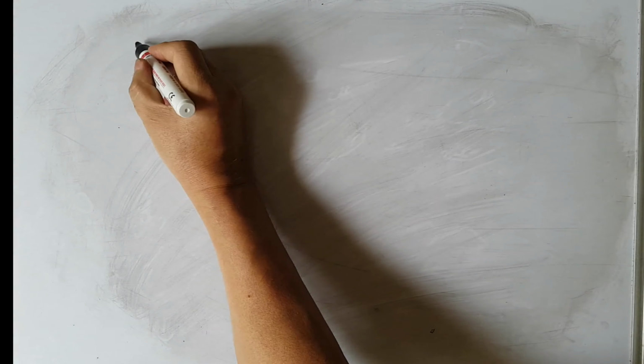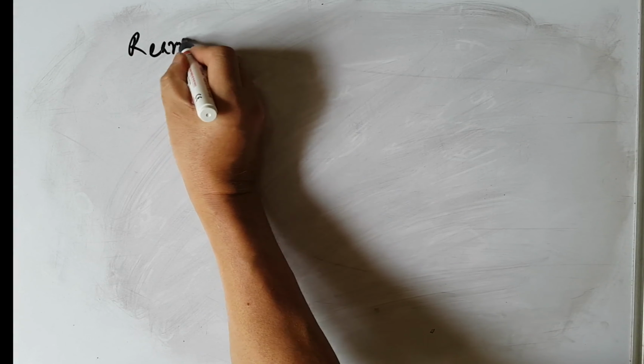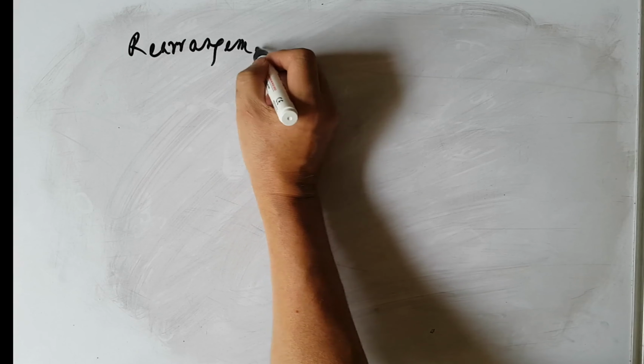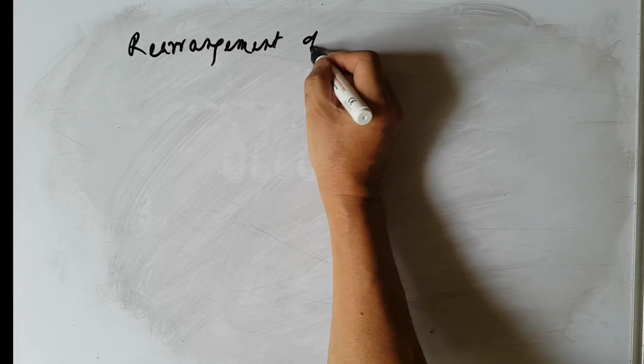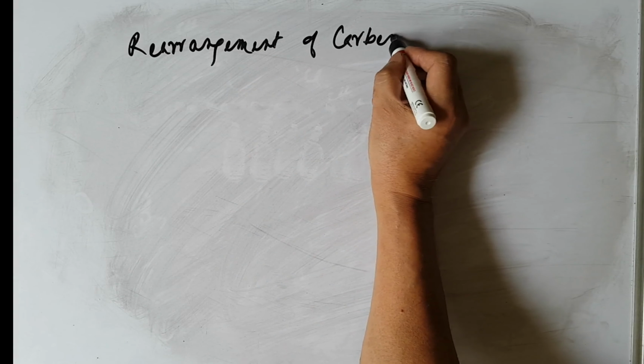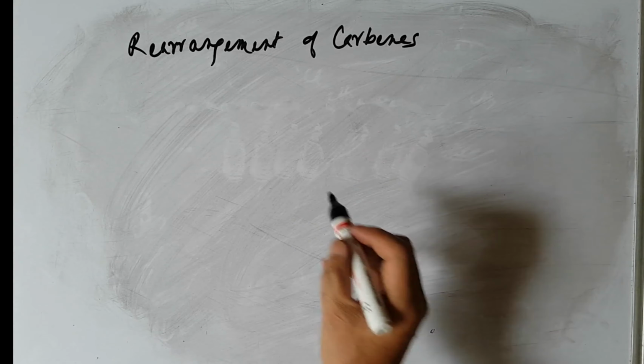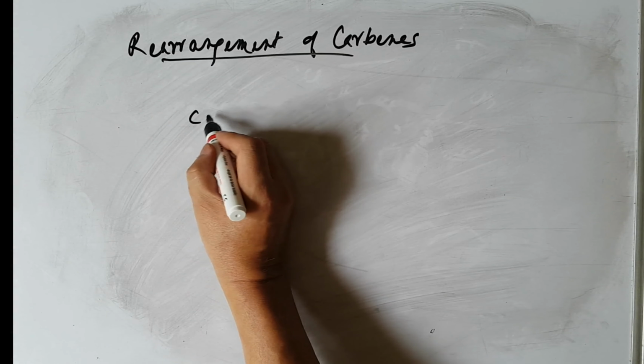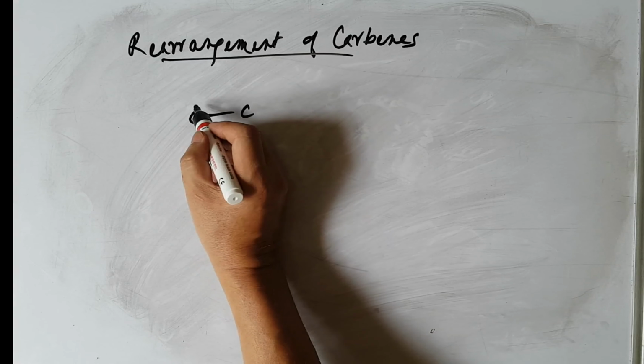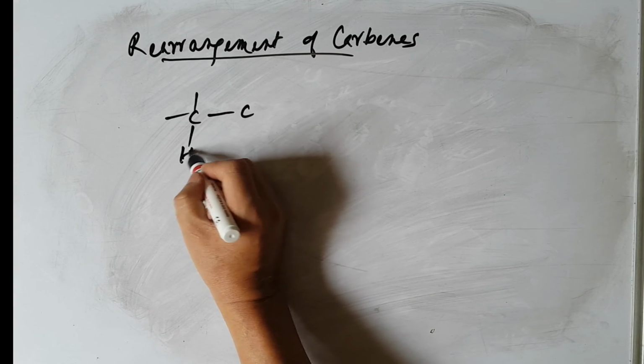Now let's come to rearrangements of carbenes. Carbenes can undergo many types of rearrangements, like hydrogen 1,2 migration.